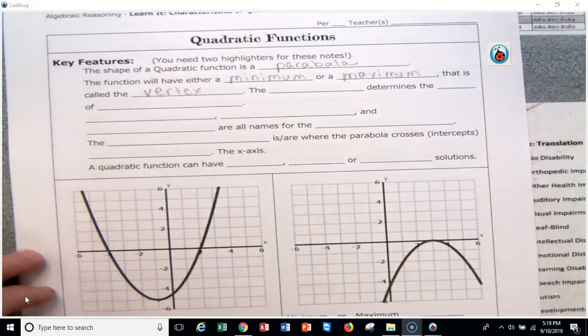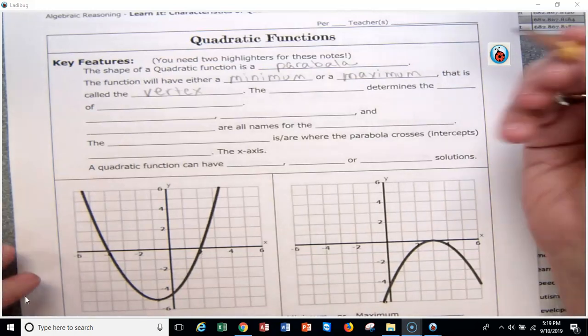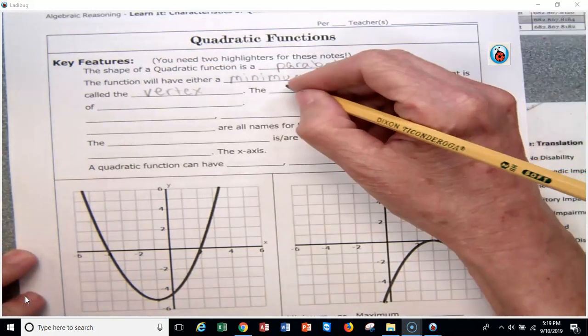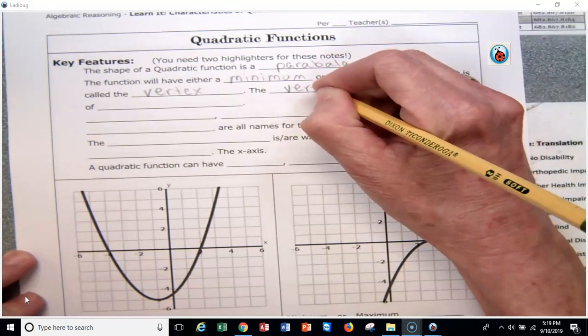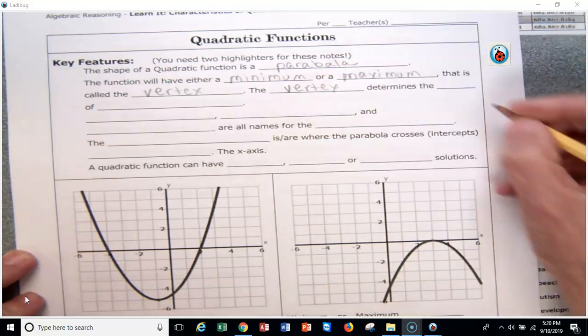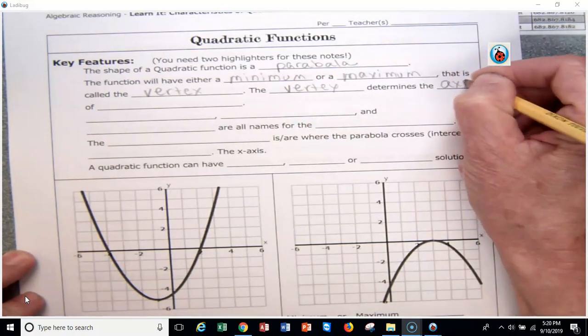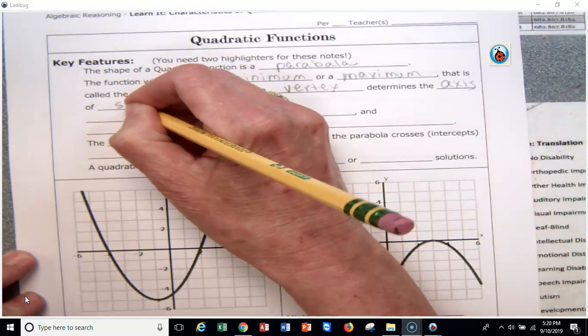Vertex. Okay, so the vertex is like the highest point or the lowest point of your parabola. And the vertex determines the axis of symmetry.